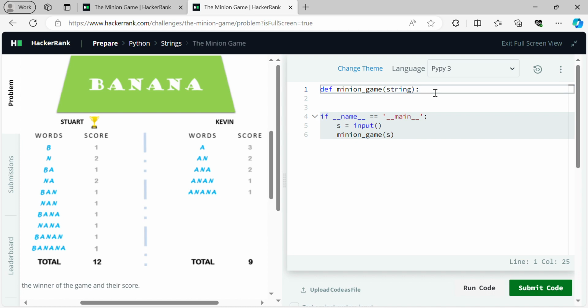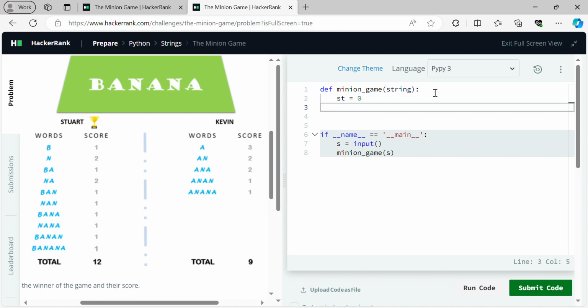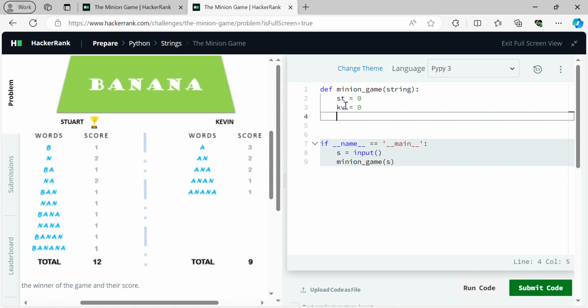Coming to the code, first I will take st equal to 0 and kv equal to 0. I will explain why I am taking these two variables. I explained how important the variable concept is. We can take a, b, c, d, any variables.